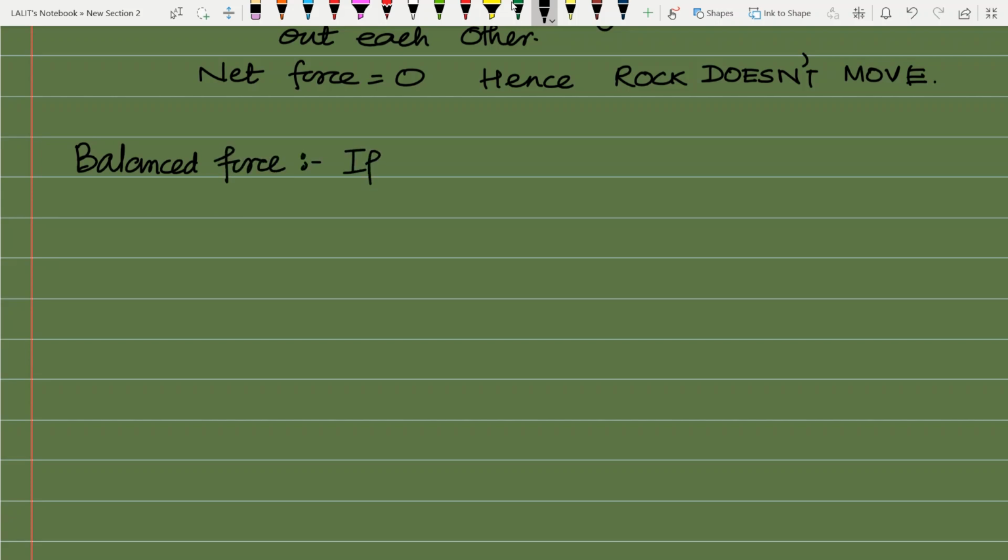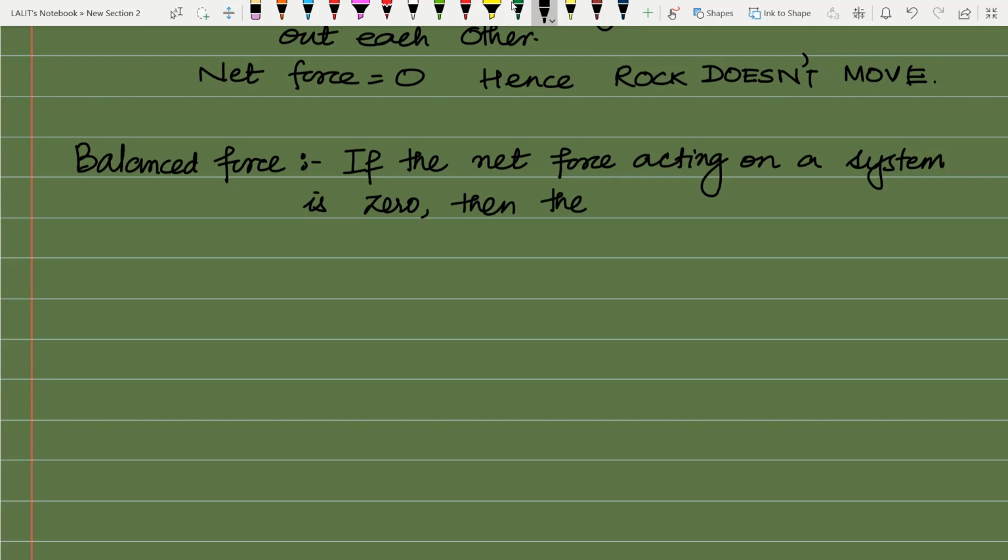If the net force acting on a system is 0, then the forces are said to be balanced.